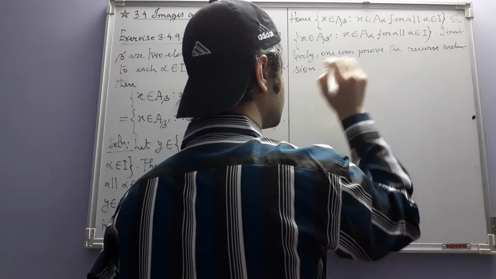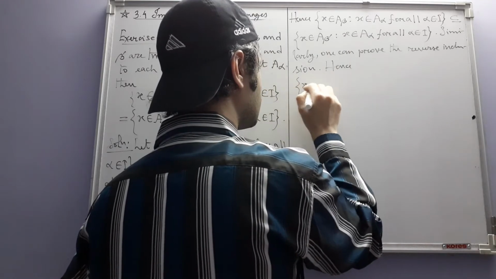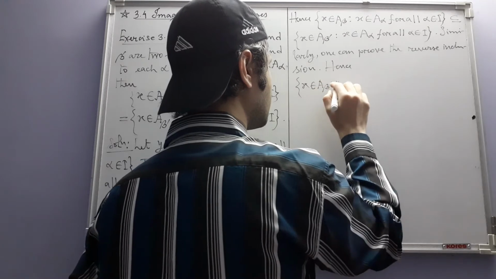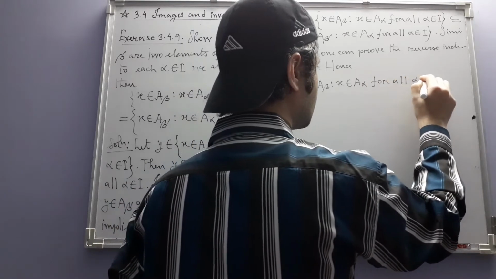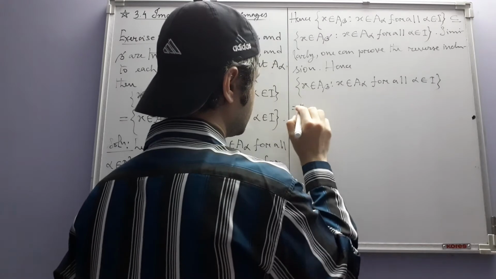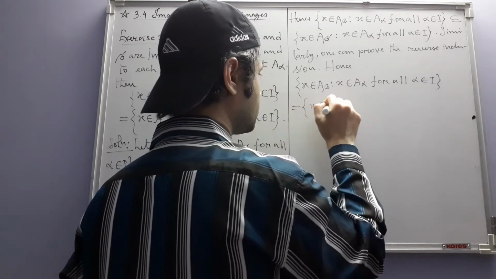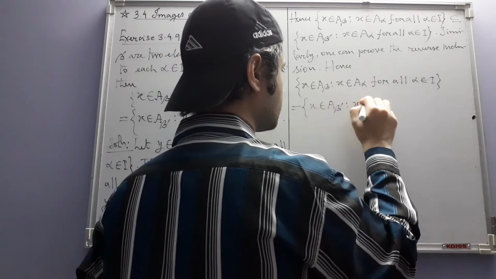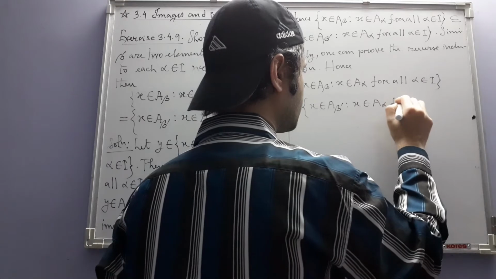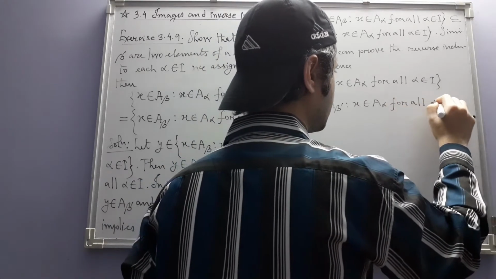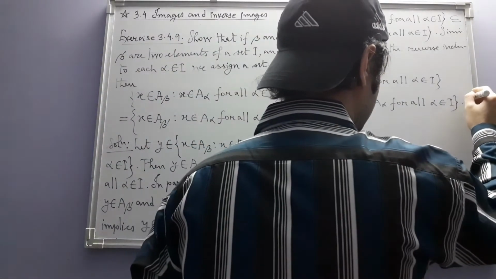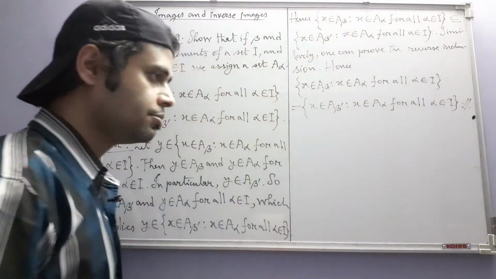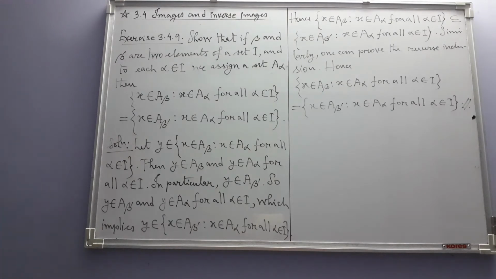Hence, and the solution ends. So in spite of arbitrarily choosing a label and then using it to define the intersection, actually we end up getting the same set irrespective of the choice of the label. Okay.